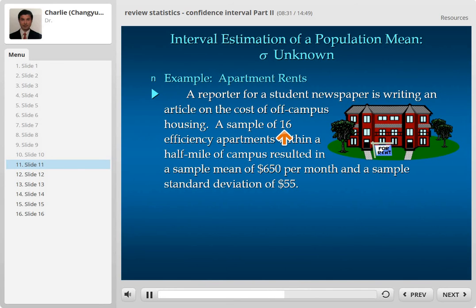It is not bigger than 30. Second, thus we do not know the population standard deviation. We only know the sample standard deviation, which is 55. In this case, we do not know the population standard deviation sigma.